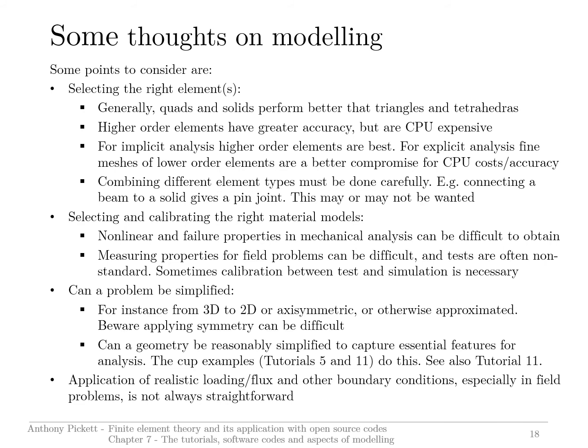The solid element only has 3 degrees of freedom at each node. The translations will be connected, and such a joint would actually produce a pin joint. It will be free to rotate. Moments will not be translated from the beam to the solid. So do be aware of these sorts of issues if you're making up complicated structures.